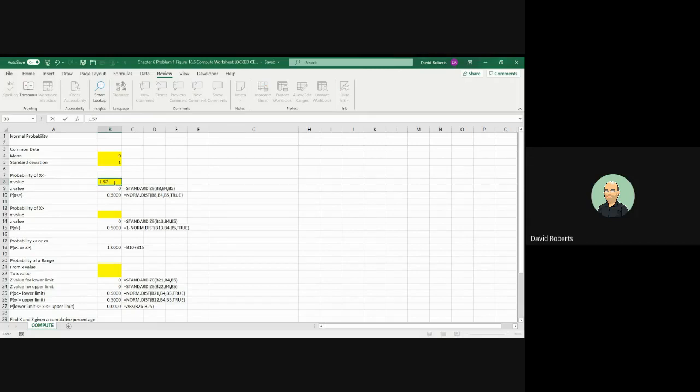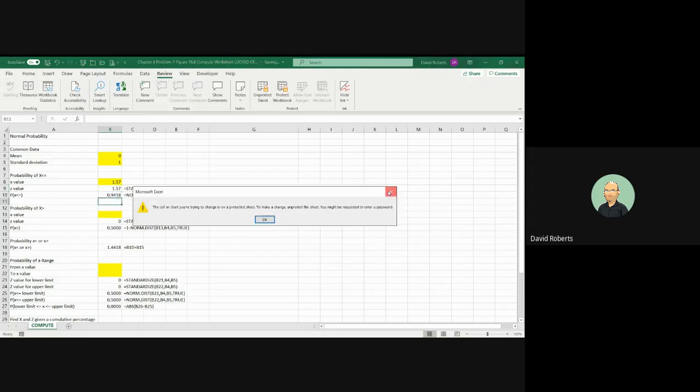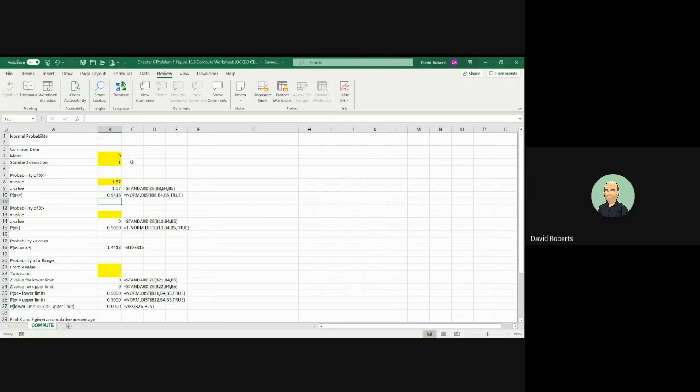You just put in the standard deviation, and it'll tell you the area underneath the curve. So the answer for A is 0.9418, as you saw in the Word document.